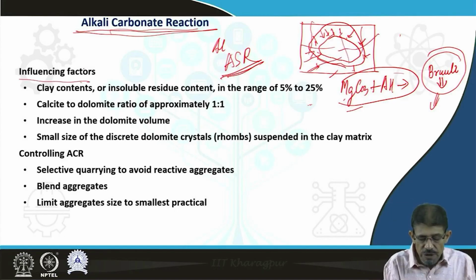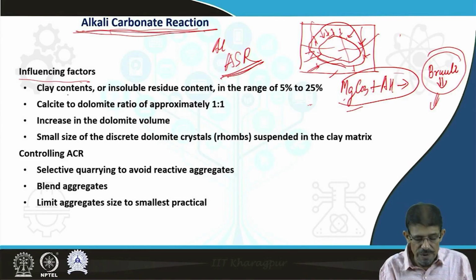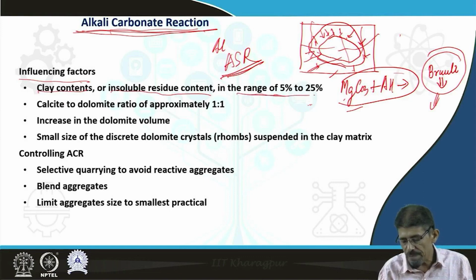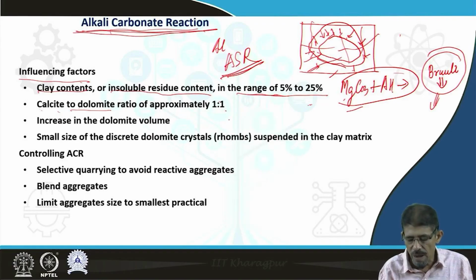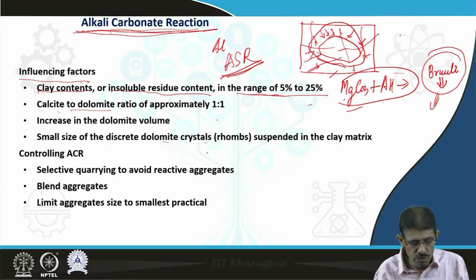The influencing factor to the alkali carbonate reaction is mainly clay content or insoluble residue content in the range of 5% to 25%, and if we see the presence of dolomite where the calcite to dolomite ratio is 1:1, then there is a problem of ACR, alkali carbonate reaction. A small size of discrete dolomitic crystal is also going to create some problem.